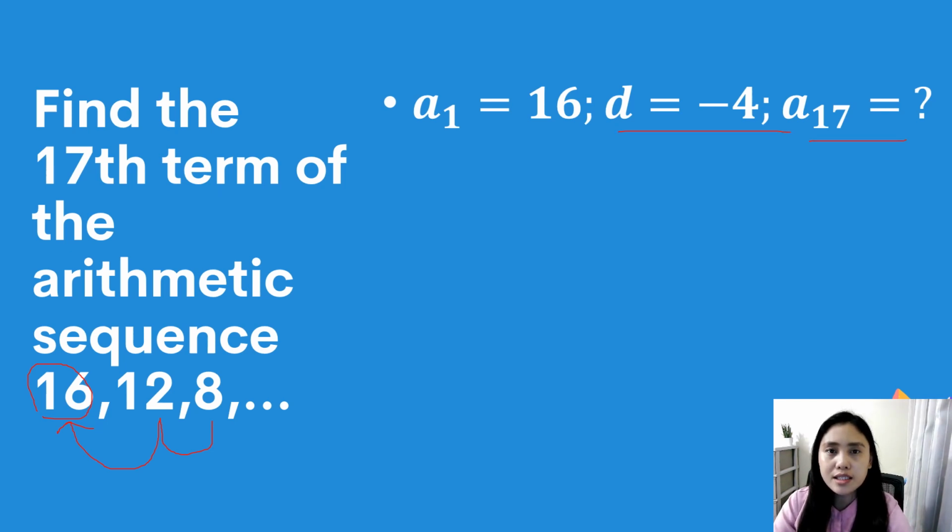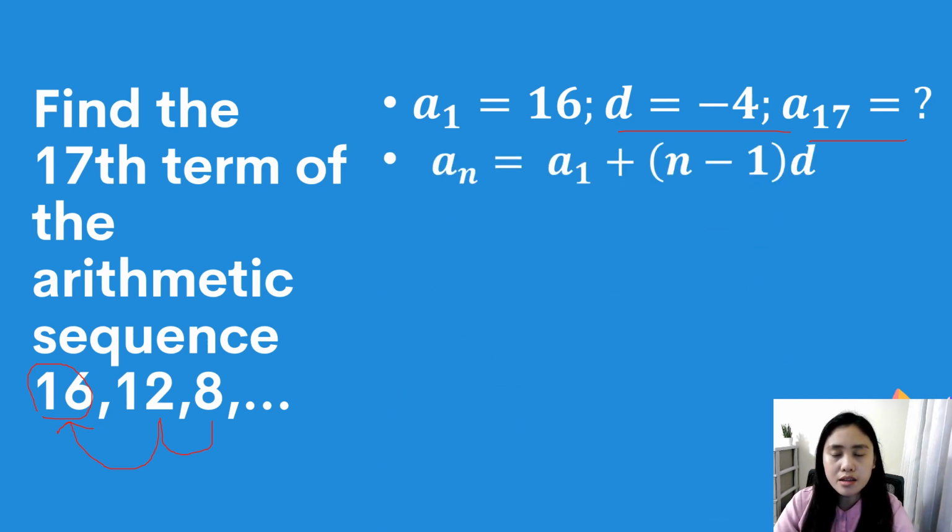Let's find the 17th term. Using the formula, a sub n equals a sub 1 plus n minus 1 times d. Alright, so from here, substitute these values. Go!